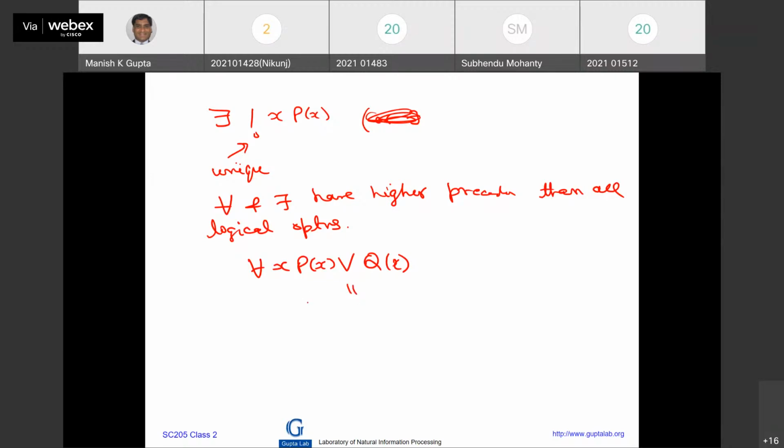This is actually for every x, P(x), join Q(x). This is okay, but this is not equal to for every x, P(x) or Q(x). You understand the point? This is okay because this has a higher precedence, and this is not correct.